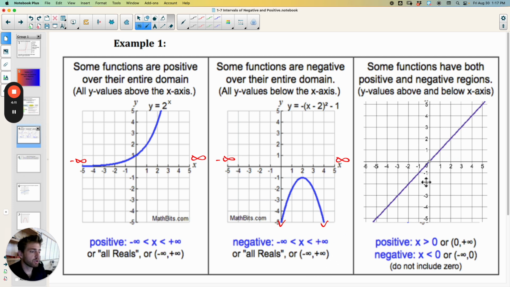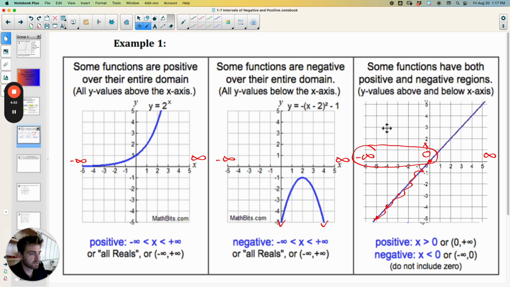And then lastly, we've got two things going on here. Our graph is negative from negative infinity until we get to this point where x is equal to 0, and then it becomes positive. If I go to negative 5, my output is negative here. So this whole line is under the x-axis, so all of these values are negative. This function is negative on the interval from negative infinity until you get to 0.